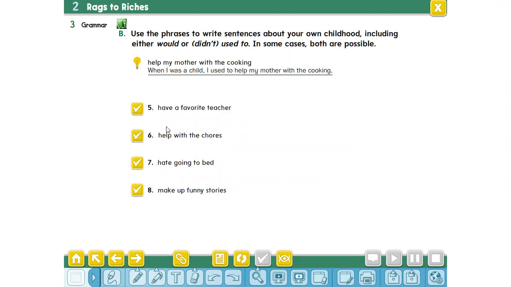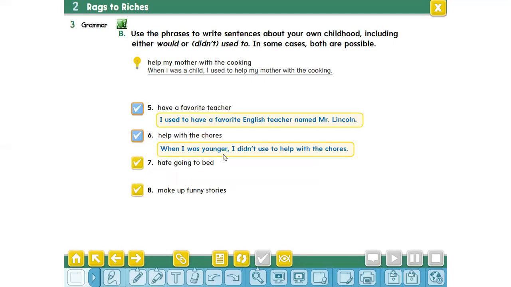Number 5, have a favorite teacher. I used to have a favorite English teacher named Mr. Lincoln. Number 6, help with the chores. When I was younger, I didn't use to help with the chores. Hate going to bed.